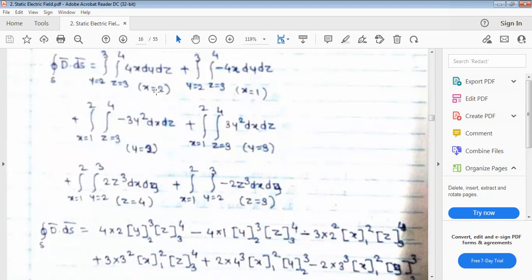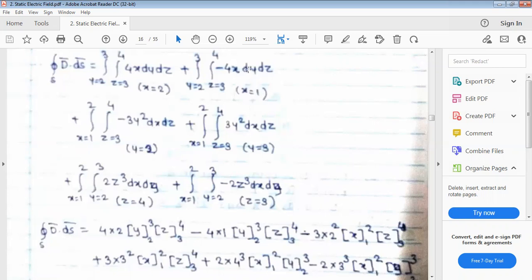Now x, what is x for the front side? x is equal to 2, into, what is the integration of dy? dy is y, and this y is varying from 2 to 3. Its limits are from 2 to 3. Similarly, the integration of dz is z. It is varying from 3 to 4. Okay, then minus 4. x is equal to 1 here.